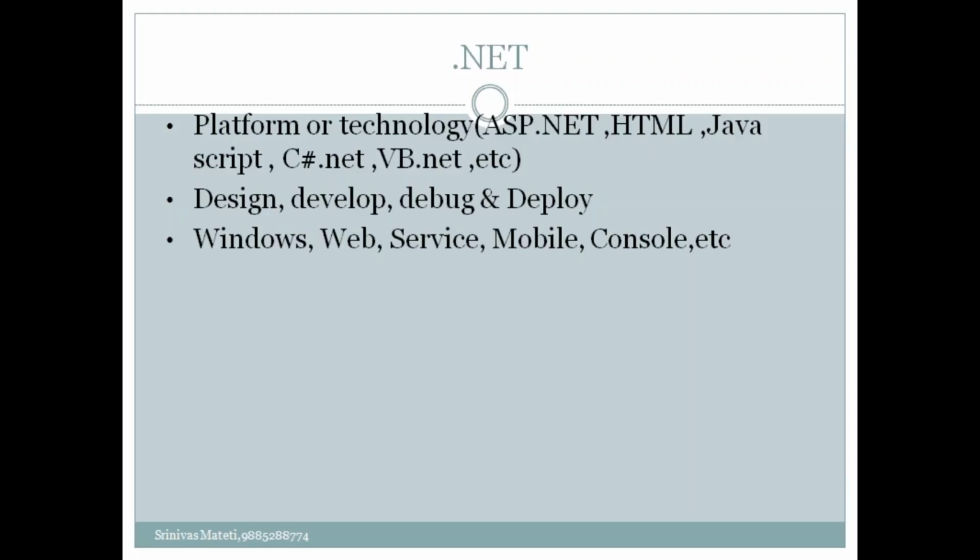Debugging is nothing but analyzing code line by line when you are developing. And deployment is nothing but making it ready for use. So generating an exe for Windows applications and deploying web applications onto a server. The whole of these activities you can do with .NET for different kinds of applications like Windows applications, web applications, service-oriented applications, mobile applications, and console applications.